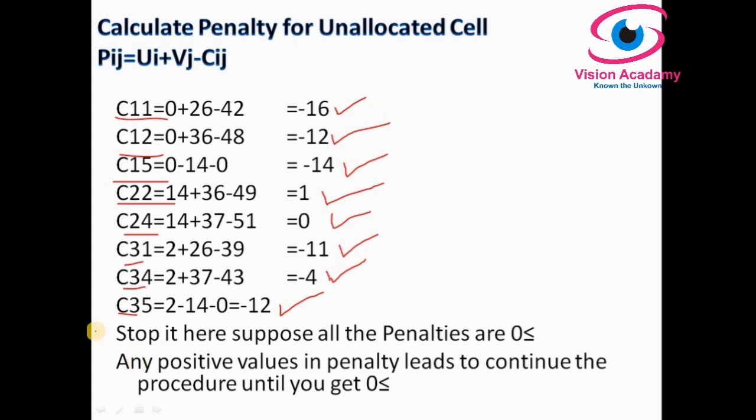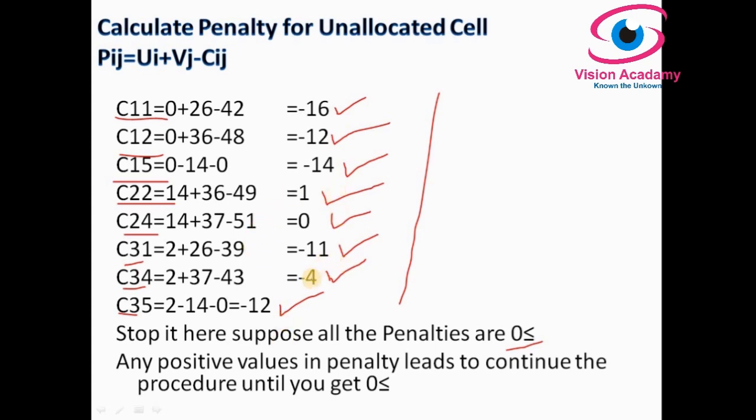So look at the Pij values you obtained for unoccupied cells. Why should we find the penalty? The penalty must be less than or equal to 0. That means there must not be a positive penalty. If there is any positive penalty, you should continue the procedure until you obtain negative or 0 penalty.